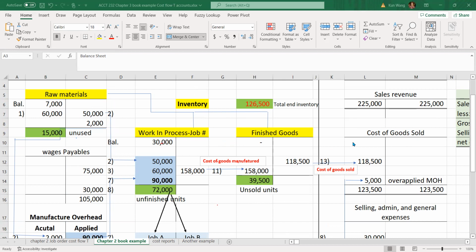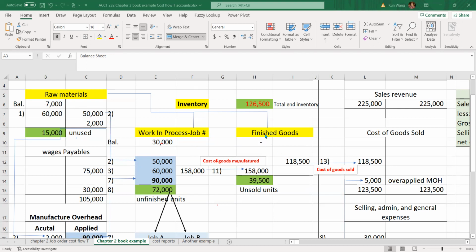So now after you trace the cost flow, you understand where the cost of goods sold in the income statement comes from. It flows all the way from the material, labor, overhead, through the working in process, then through the finished goods, and then finally we put it on the income statement.